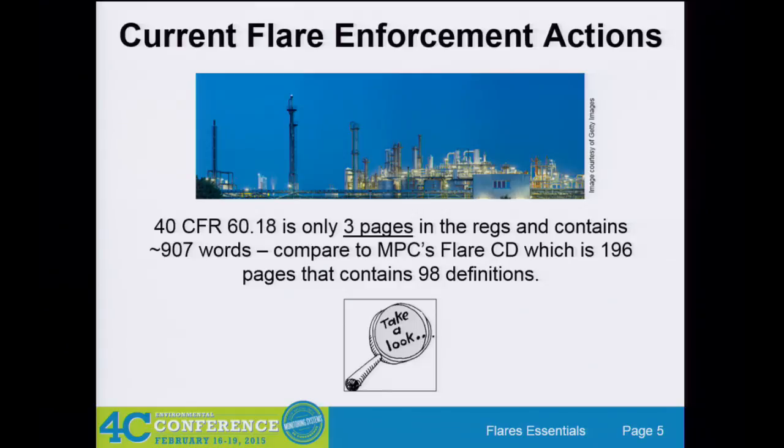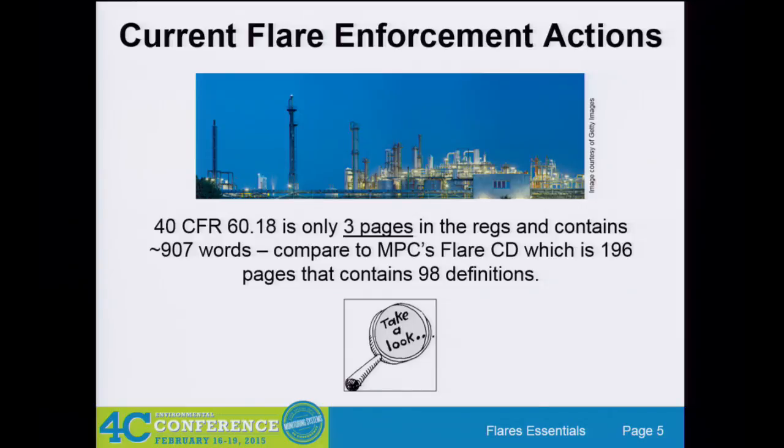One of the things we always like to show is that 60.18 is 3 pages in the regulations. It's 907 words if you count the headers and footers. Compare that to Marathon's flare CD, which was 196 pages for the flaring requirements, and that's only for flares.